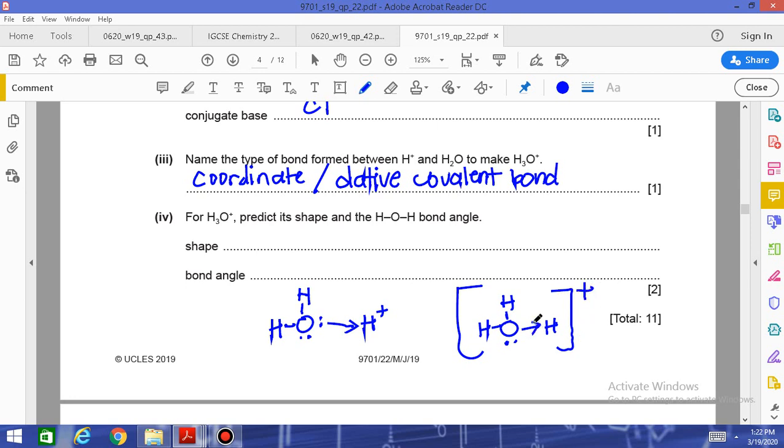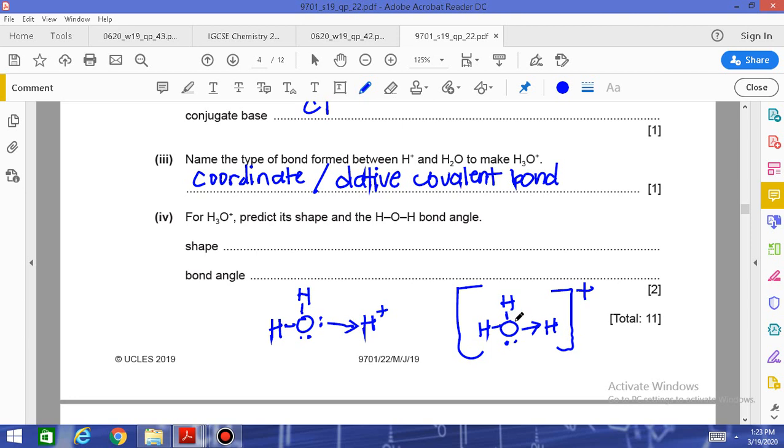So now there is a coordinate or dative covalent bond between oxygen and hydrogen atoms. The oxygen atom donates a lone pair of electrons to hydrogen, but oxygen doesn't use an electron of hydrogen at all.